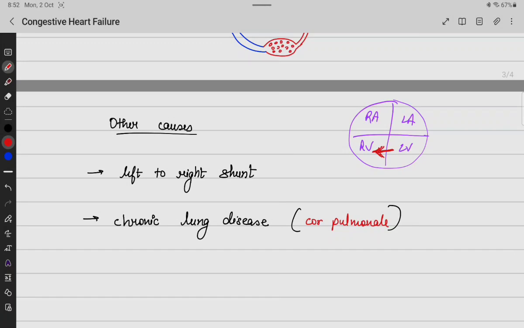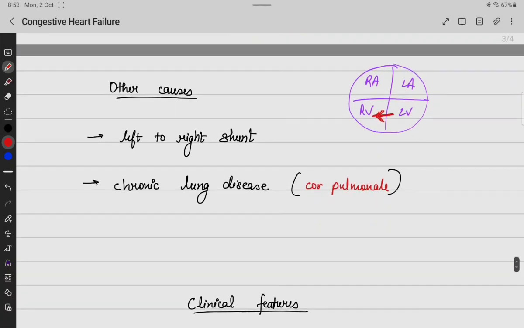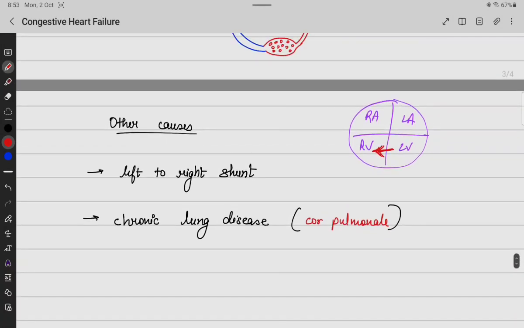Then there is chronic lung disease. This is special because it has to do with some special properties of capillaries in the lungs. In our peripheral tissue, whenever there is hypoxia, the capillary caliber increases to supply more oxygen.